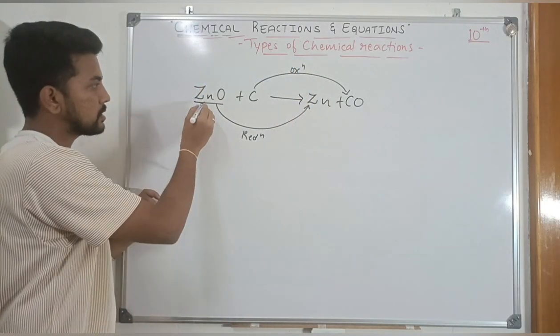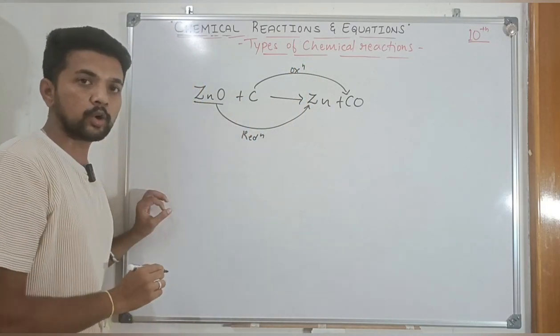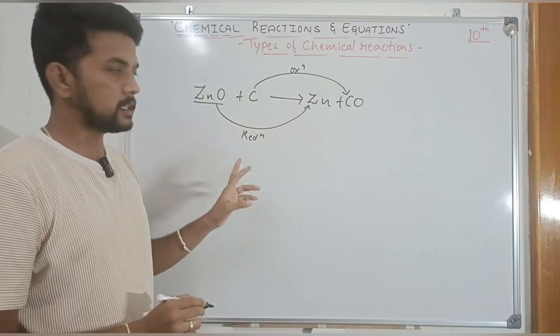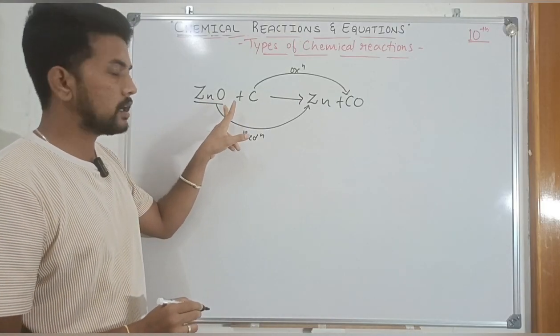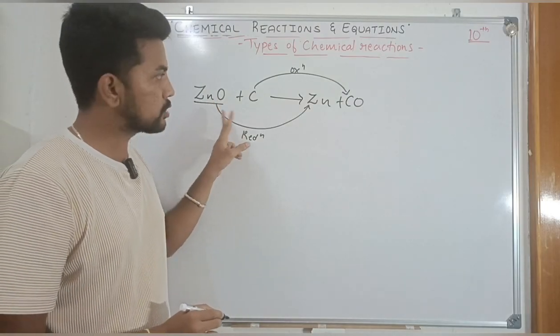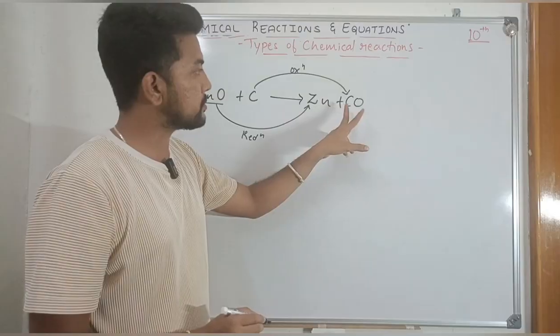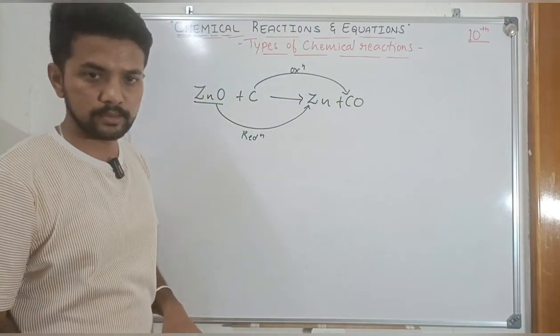So here zinc oxide is the reduced substance, carbon or coke is the oxidized substance. So zinc oxide is reduced to form zinc, carbon is oxidized to form carbon monoxide.